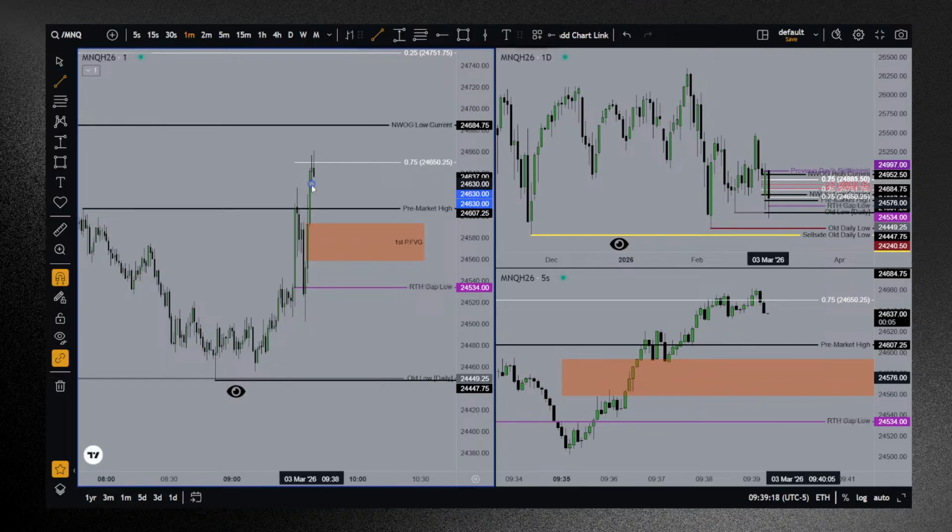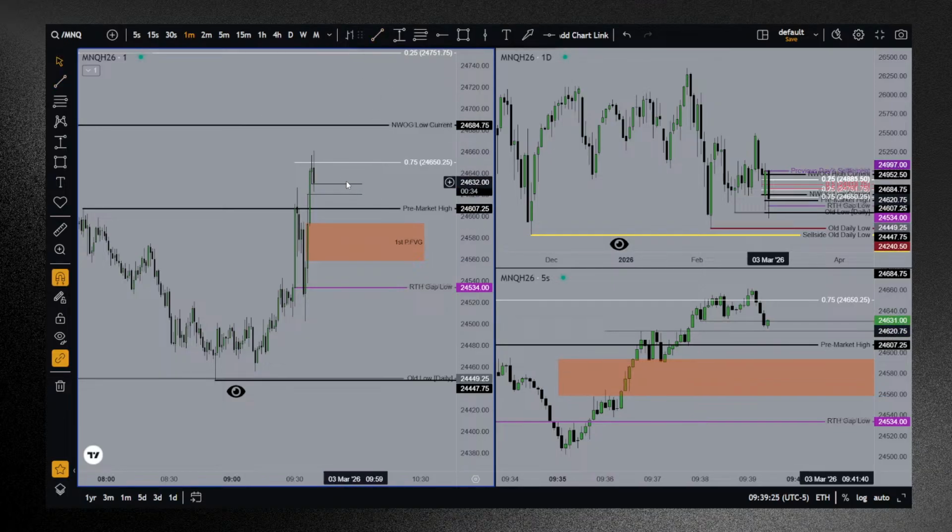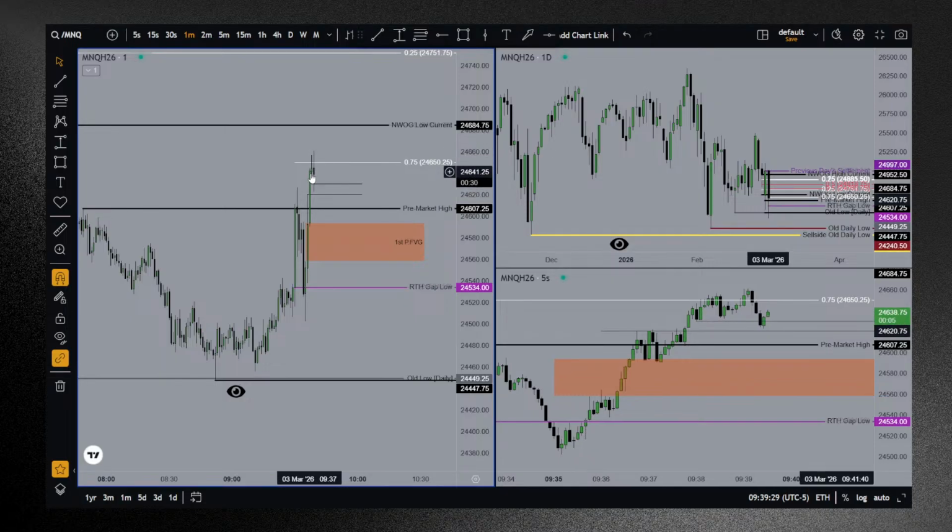There is a small little fair value gap right here. I will annotate that. We reached the lower quadrant, but we failed to close above it as it is right now.